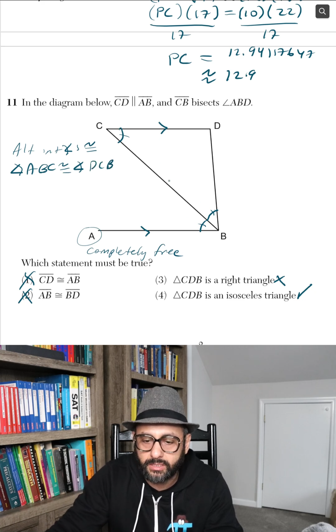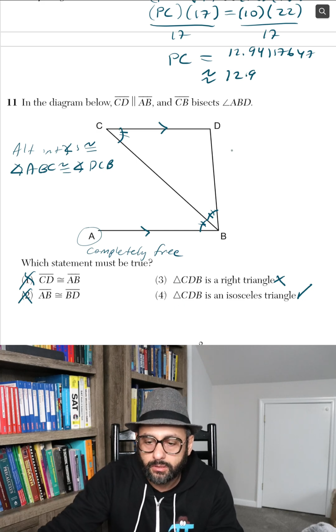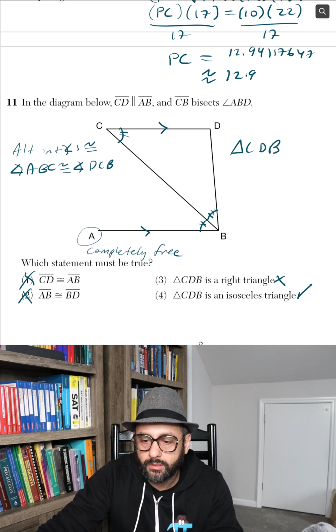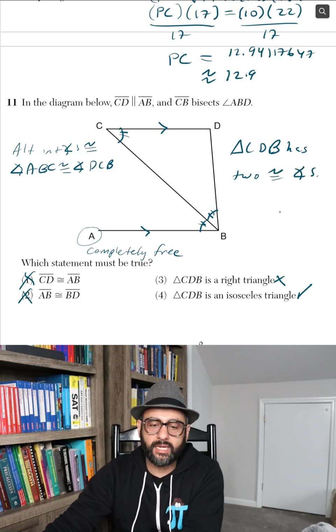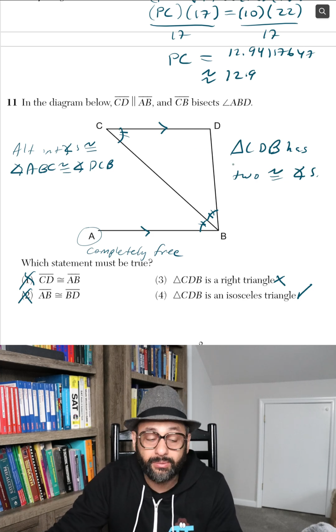Those two angles that I just labeled are congruent. And this one was already congruent to this one. So triangle CDB has two congruent angles. Okay, so what does that imply? Well, that implies that it's isosceles.